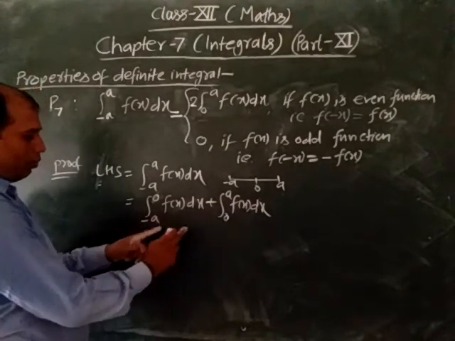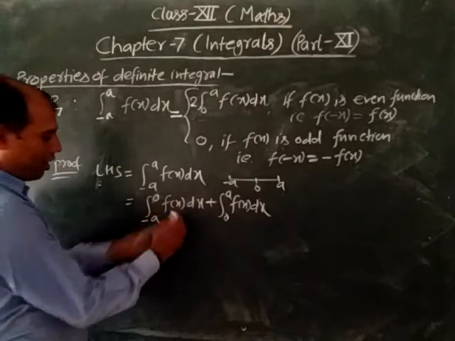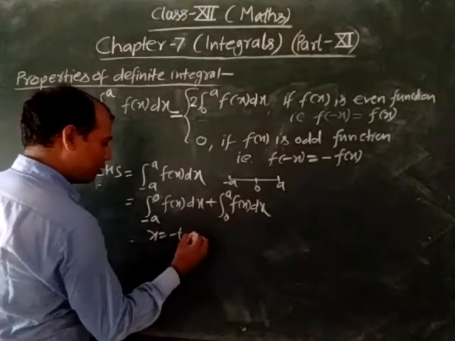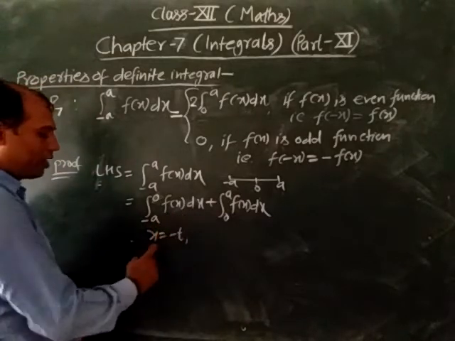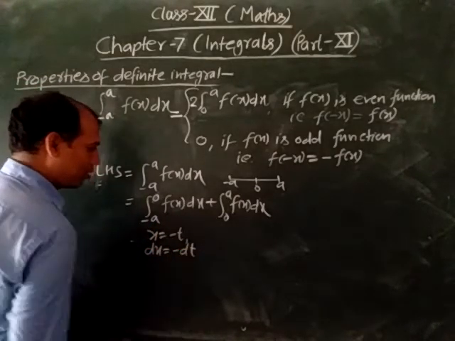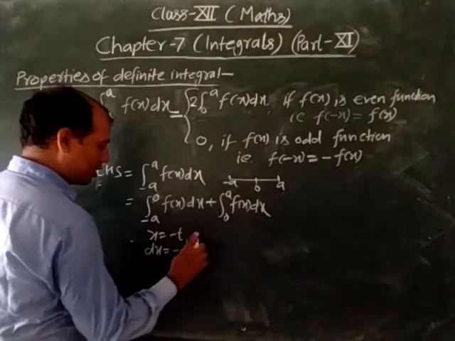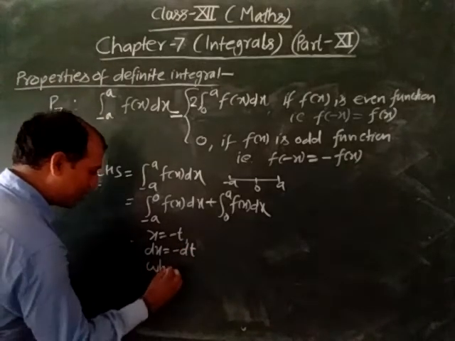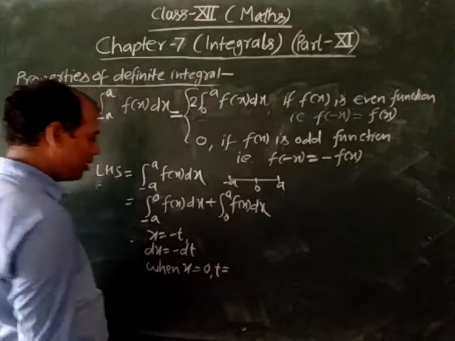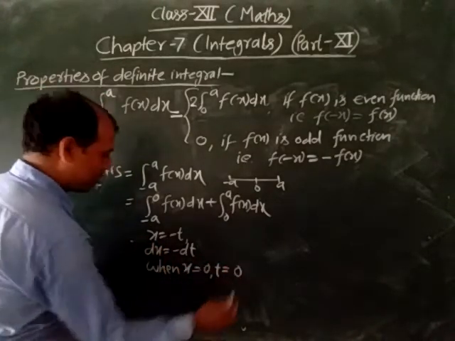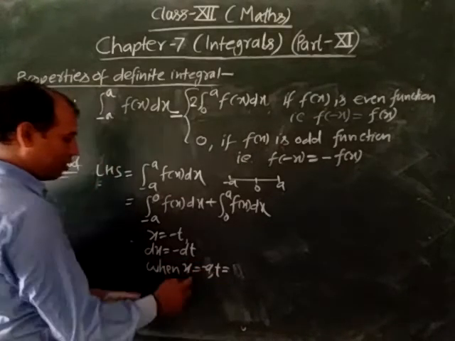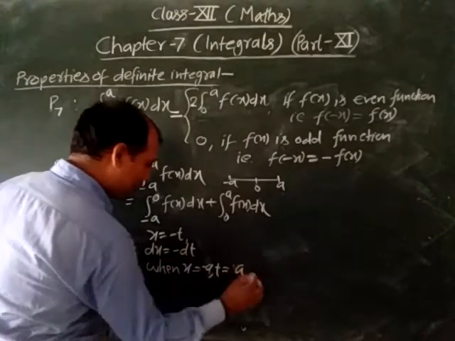Now we take x equal to minus t in the first integral. We write x equal to minus t, then dx equals minus dt. We change the limits for the variable t. When x equals minus a, the value of t becomes a.